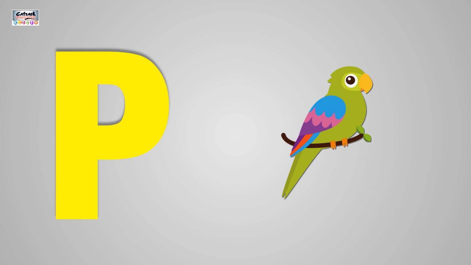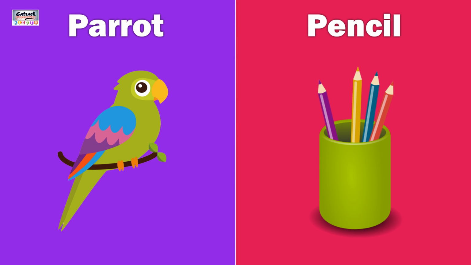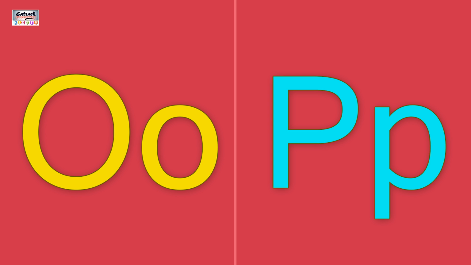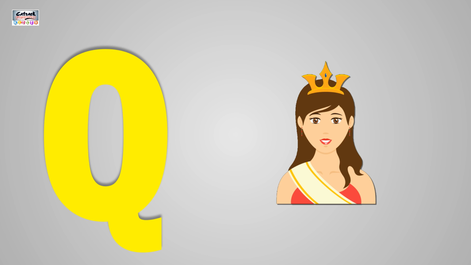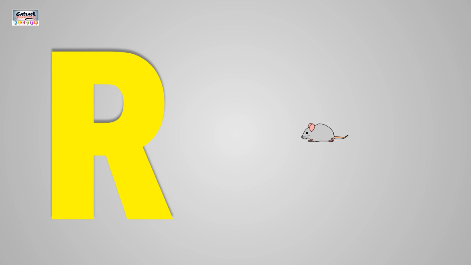P for parrot. P for pencil. Q for queen. Q for quail. Q. R for rope. R for rat.